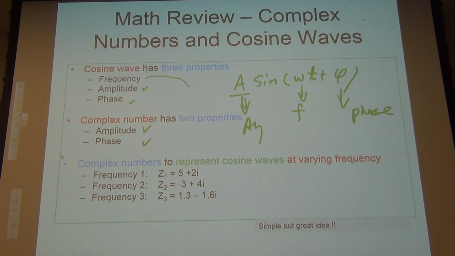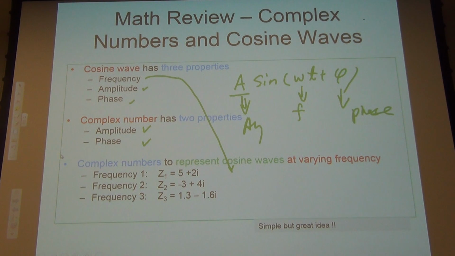How do we use a complex number to represent a cosine wave? Because a cosine wave has one more property, the frequency.